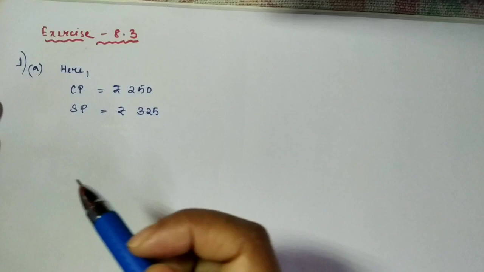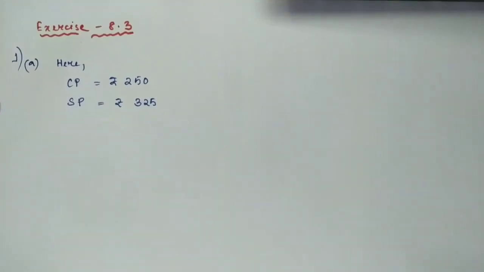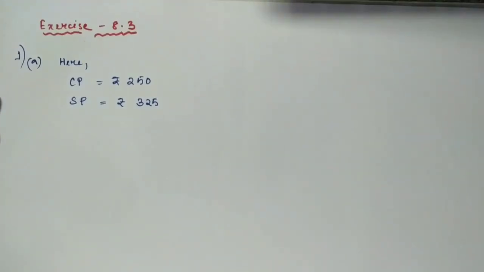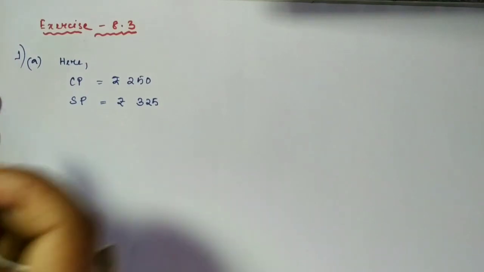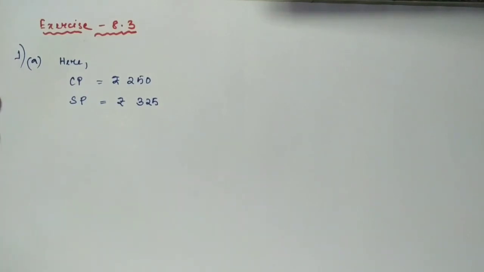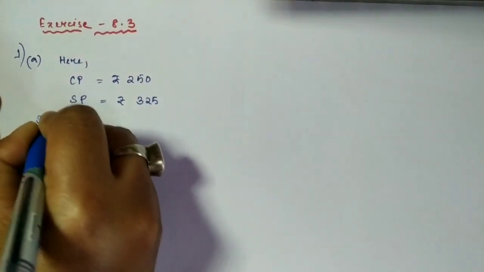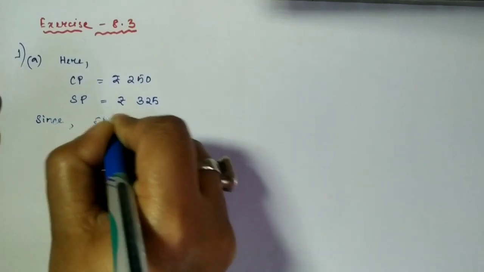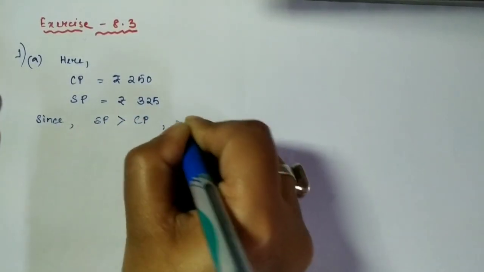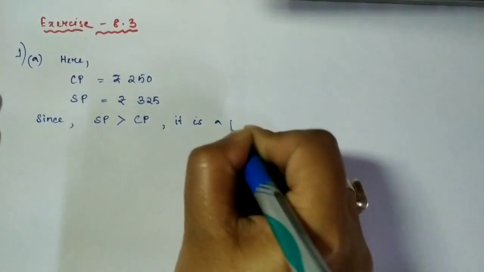So you just go back to the previous part of the video where you are given the formula, and it is written that if selling price is greater than cost price, okay, what happens? It is a profit. So since SP is greater than CP, it is a profit, right?